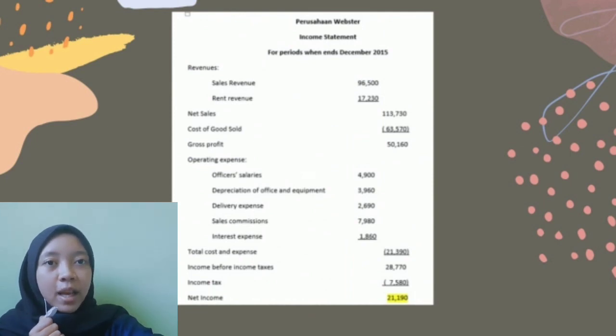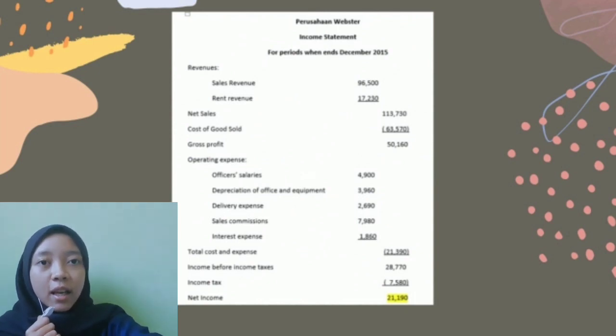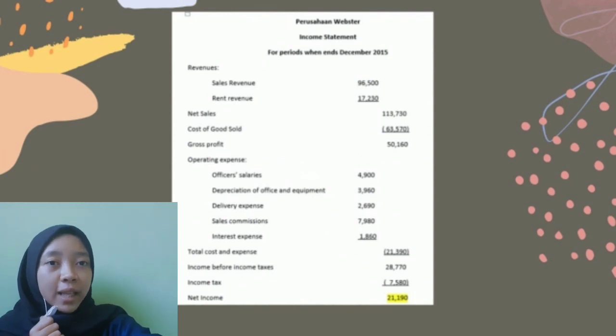21,390. And then income before income tax. Income before income tax is gross profit minus operating expense. So income before income tax is 28,330. And the last is income tax.